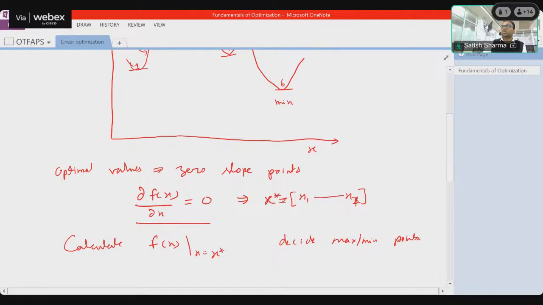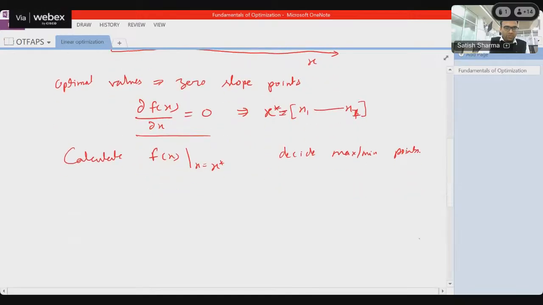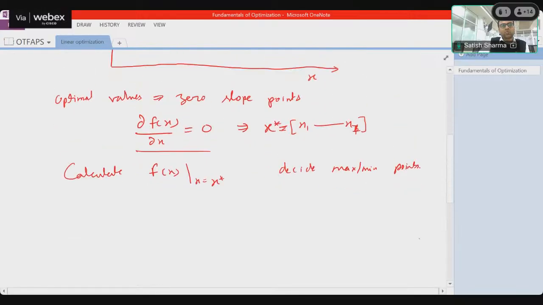Okay, so this is for a particular function. If we are looking at the slope and all, it's sometimes very difficult.